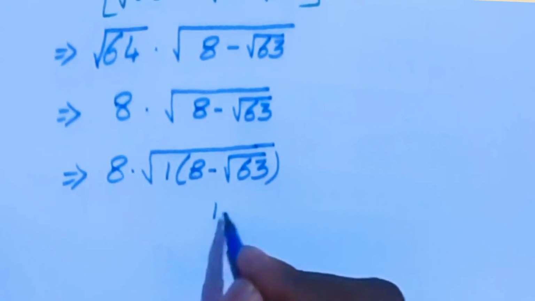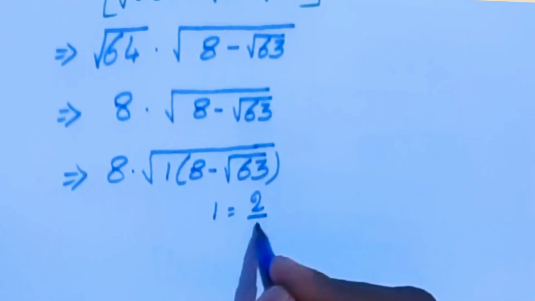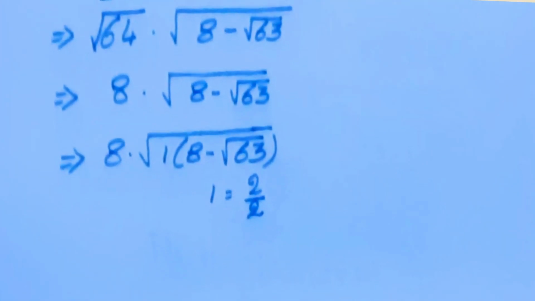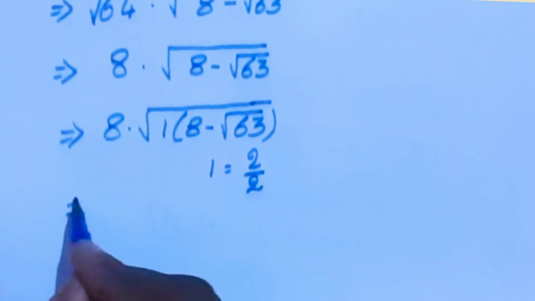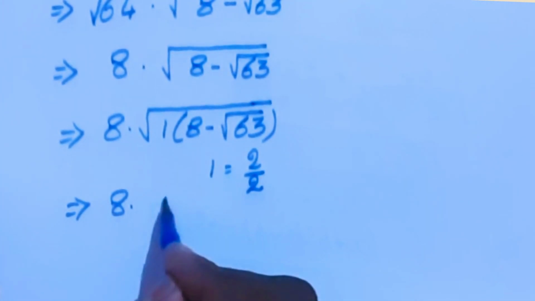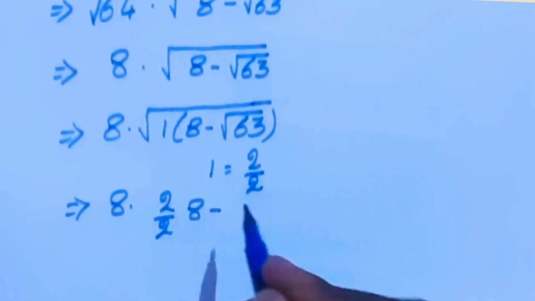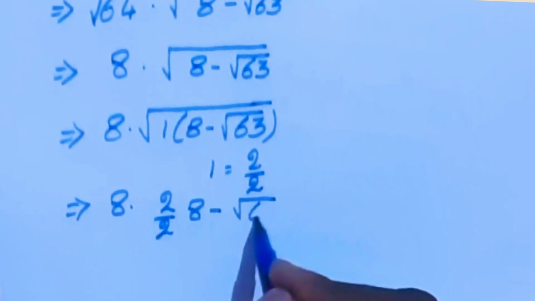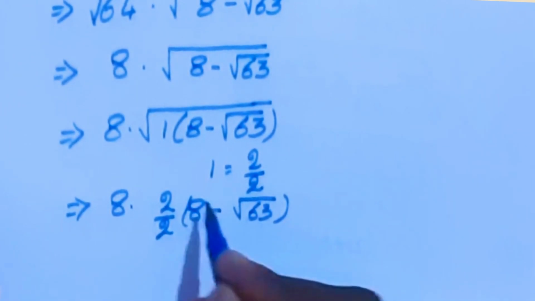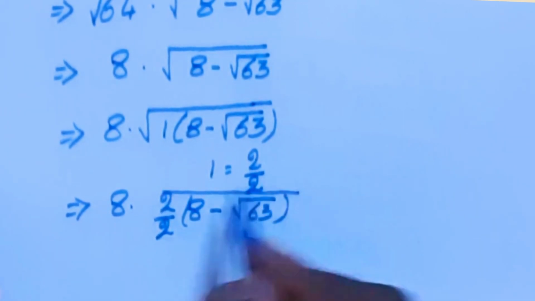Now 1 can be written as 2 by 2. So 8 times 2 by 2, 8 minus square root of 63 in square root.